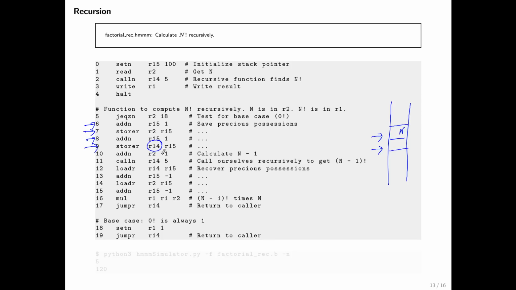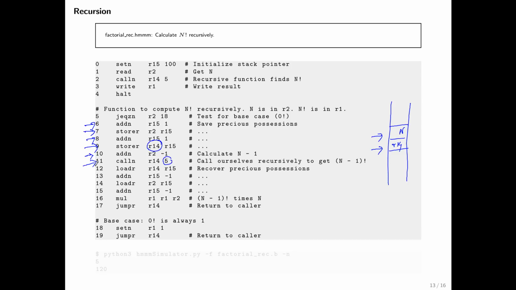That's where the recursive call needs to return back to. So here you simply store the value of the return address, and then you decrement the value of R2, meaning n, by 1. So R2 is now n minus 1, and now comes the recursive call. This is a call to a function defined at 5. Well, that is the factorial function itself, so this function is basically calling itself.